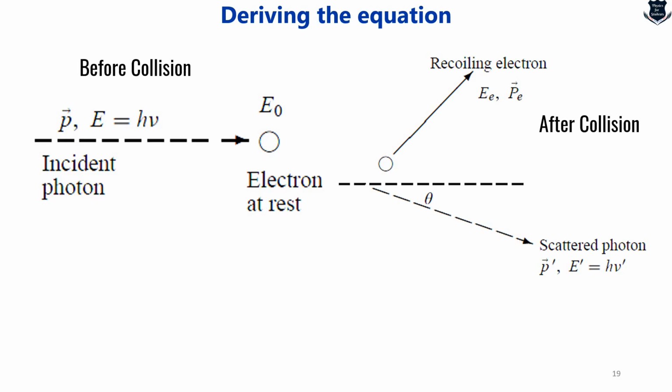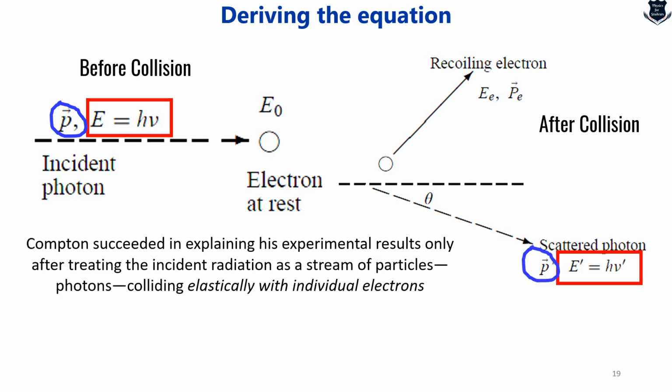Now we need to remember one thing very clearly. Consider the incident photon of energy E equals h nu with momentum p. It scatters with momentum p prime at an angle theta, while the electron recoils with a momentum PE.